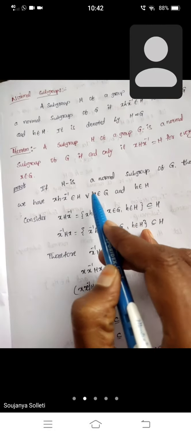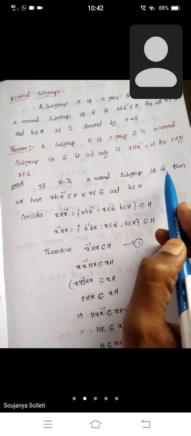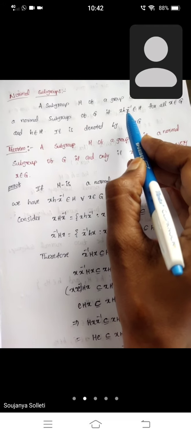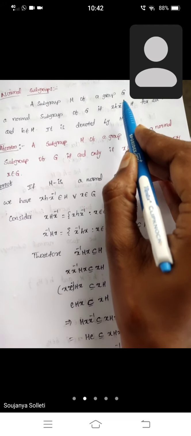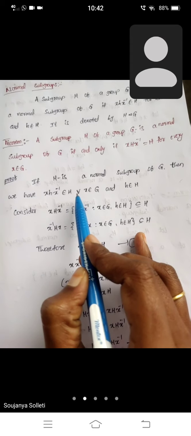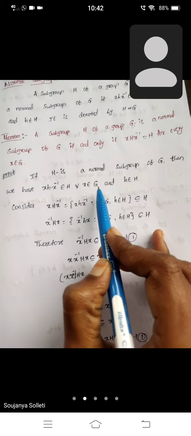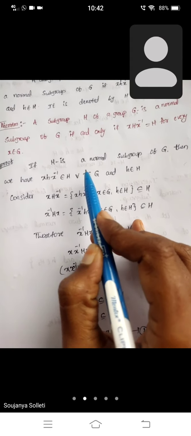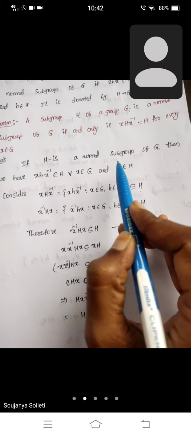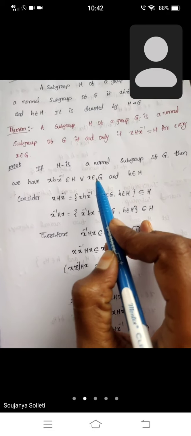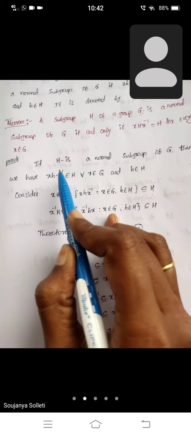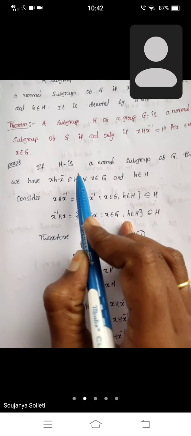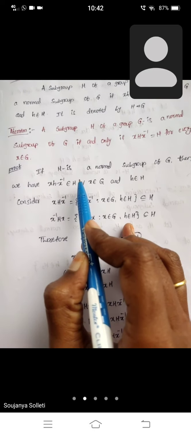Given that H is a normal subgroup of G, then we have, what is the definition? H is a normal subgroup of G, then it satisfies x h x inverse belongs to H for all x belongs to G and h belongs to H. x belongs to G means x is an element in G, h is an element in H. So we calculate x h x inverse, which belongs to the subgroup.